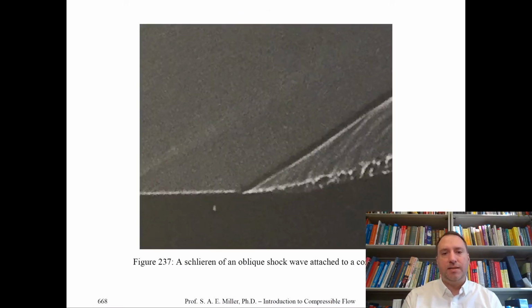Take a few seconds and look at this beautiful picture, figure 237 of my slide deck. It says, and I write, a Schlieren of an oblique shock wave attached to a corner flow. Take a few seconds and think about what you're seeing. First, the flow moves from left to right. The solid black part of the figure represents a solid structure.